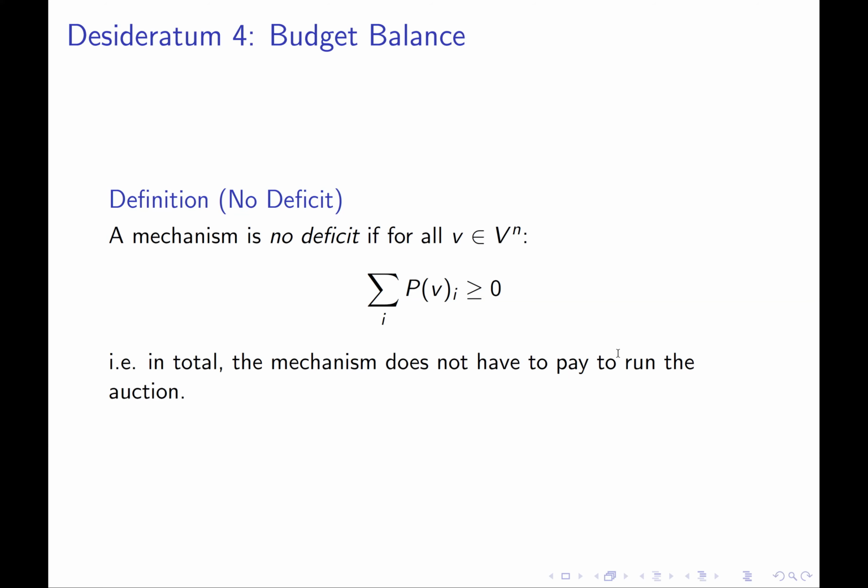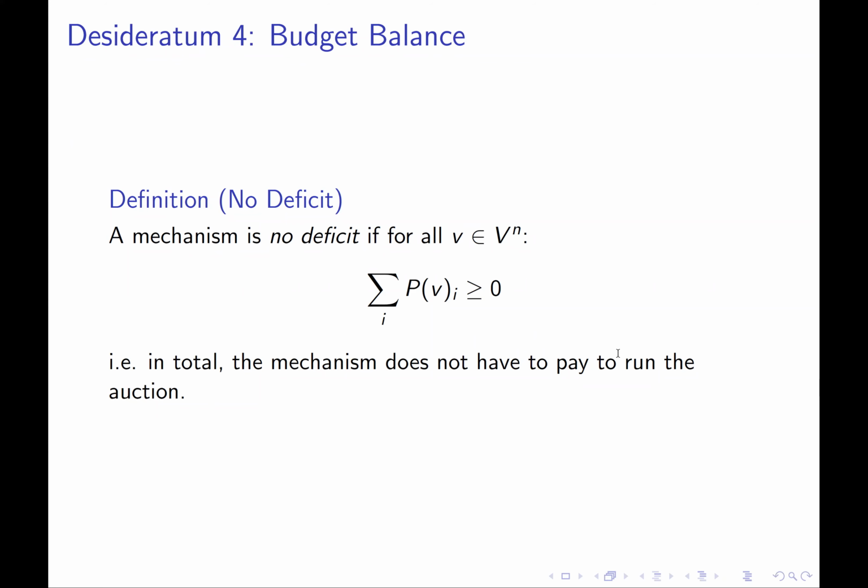But in the end, we're mechanism designers, we're not saints. And so the framework we've defined allows the payments to be positive or negative, right? We can collect money from people, but we can also pay them. And it would be a shame if the only way to achieve all of those other good properties was to bribe people, to pay them money, because then it would be very expensive to run the mechanism.